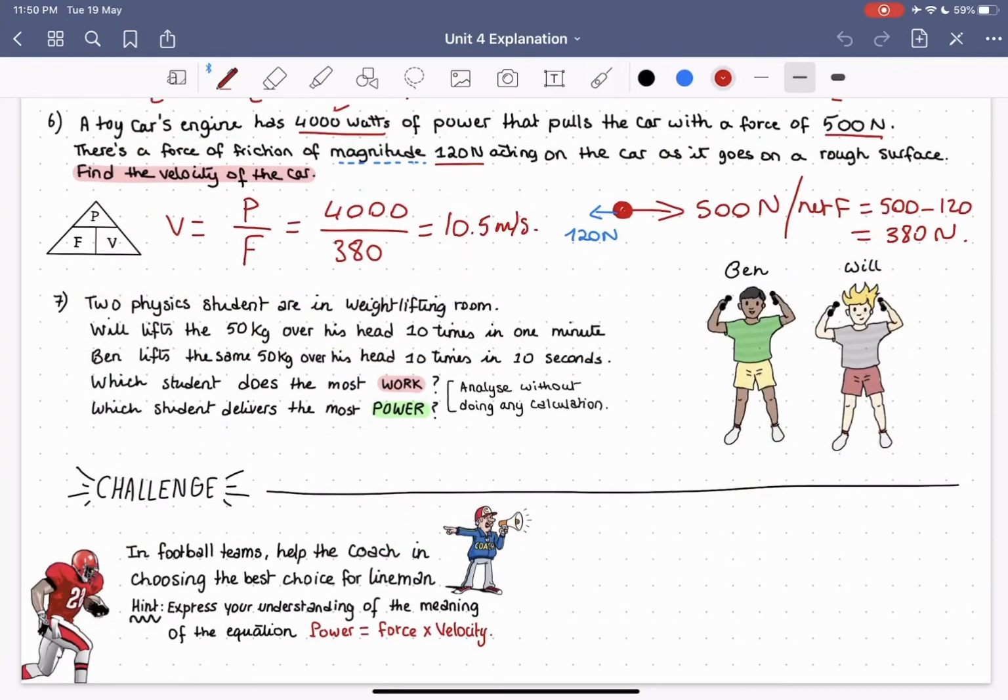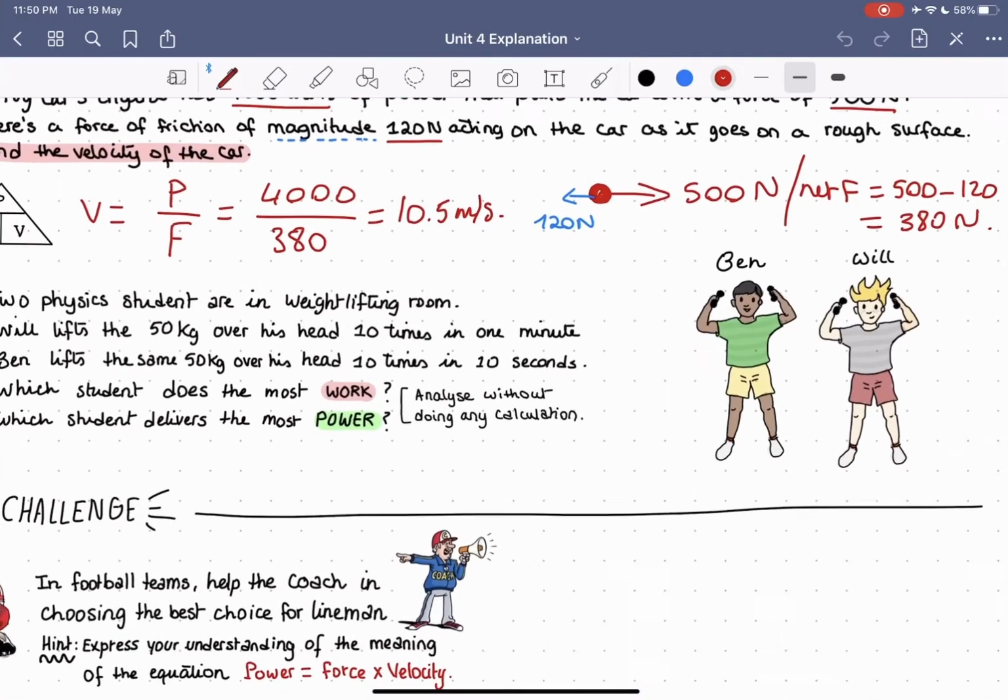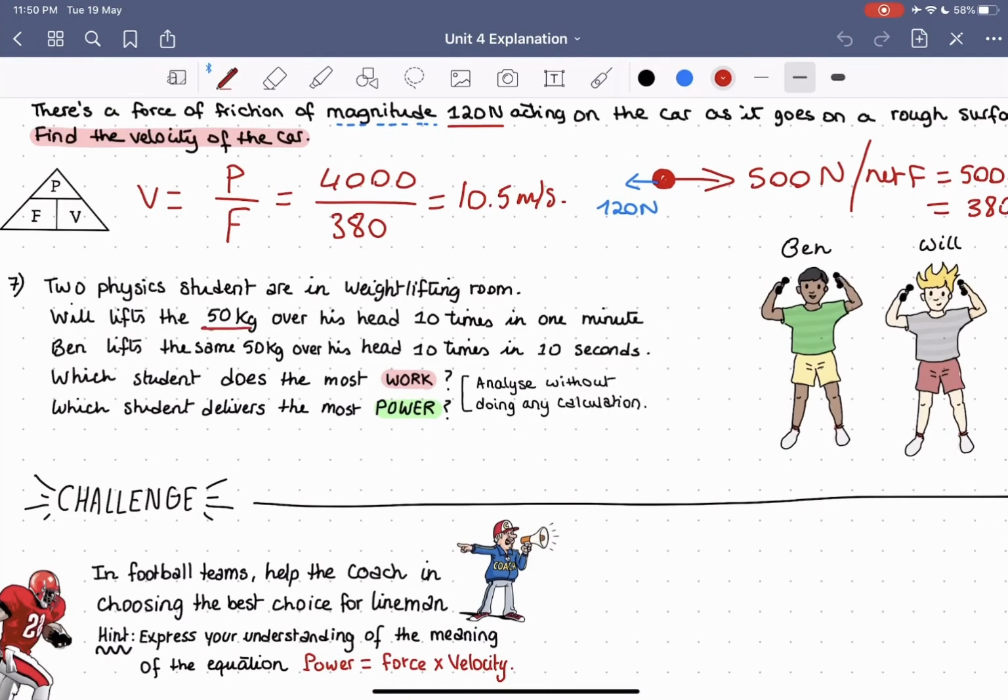Okay, now 7th question. We have two physics students in a weightlifting room. Will lifts 50 kg over his head 10 times in 1 minute, and Ben lifts the same 50 kilograms over his head 10 times as well, but in 10 seconds. Which student does the most work and which student delivers the most power? Without doing any calculation, we can see that it's the same mass lifted in different amounts of time.